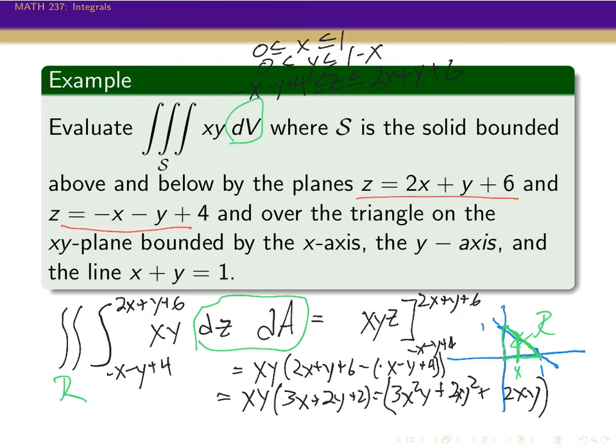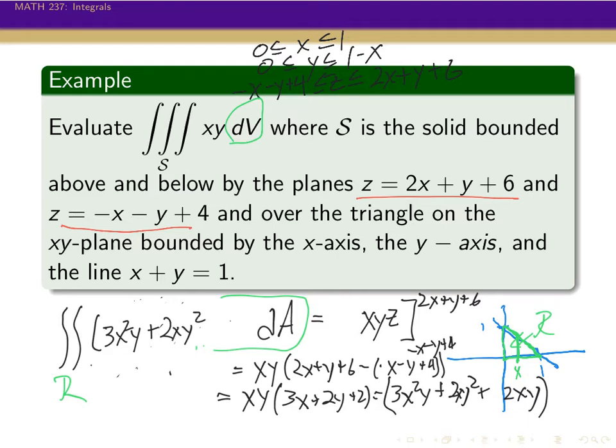So let's clear this out. By doing that integral, we have eliminated z, so let's take that integral out. And so now we are integrating 3x squared y plus 2xy squared plus 2xy over this triangular region, which we'd already broken up before.